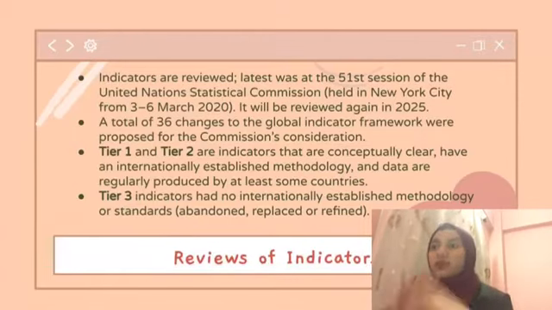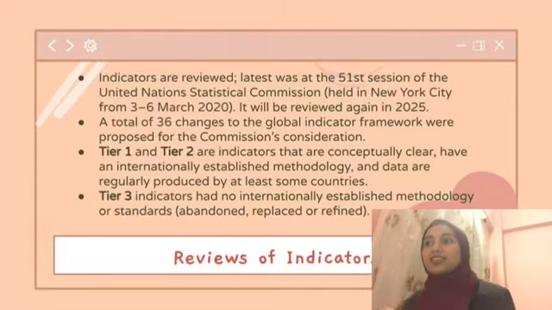So during the meeting or session, a total of 36 changes to the global indicator framework were proposed for the Commission's consideration, and some were removed or updated during the session.